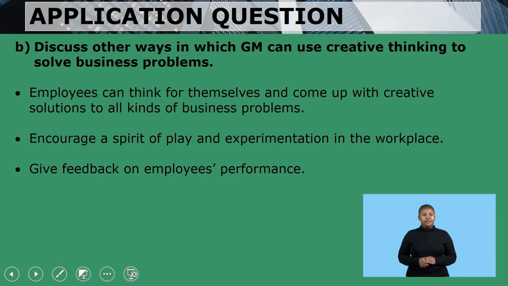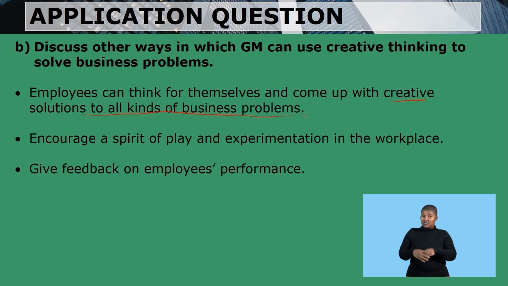So the follow-up question says, what are the other ways that the business can use to solve the business problems? Right, so other than the 2 mentioned here. All right, moving right along, discussing other ways in which GM can use creative thinking to solve business problems. The first one, employees can think for themselves and come up with creative solutions to all kinds of business problems.